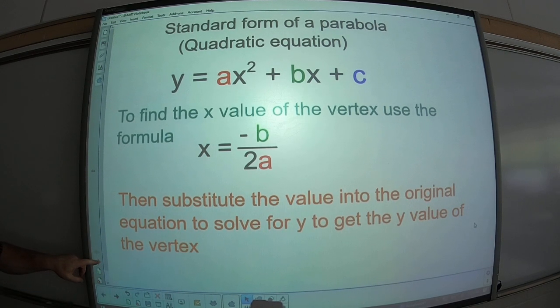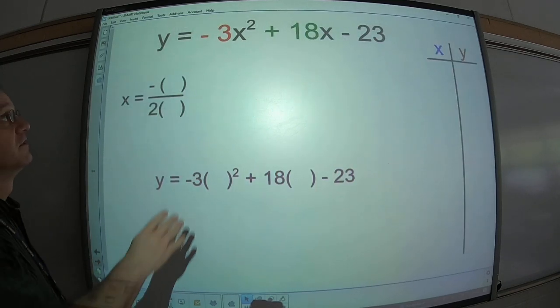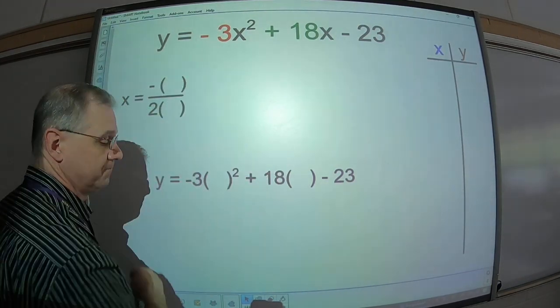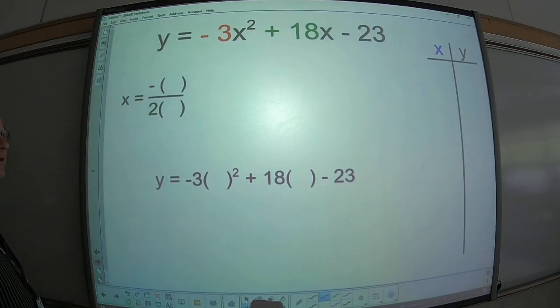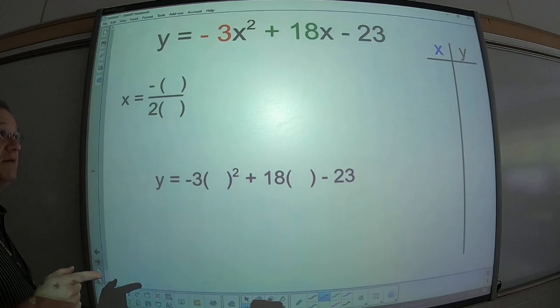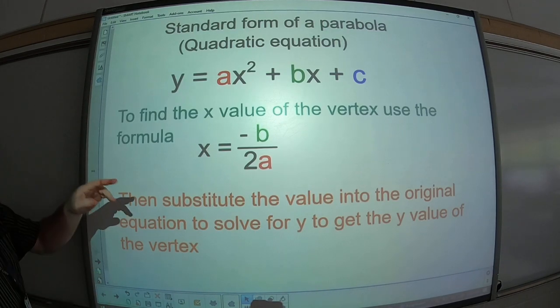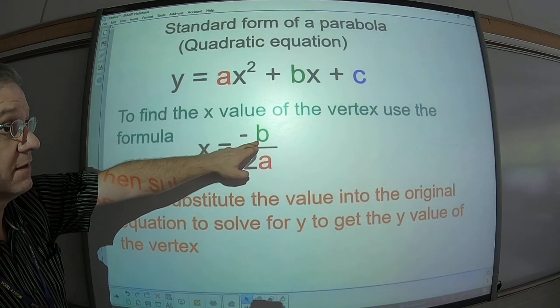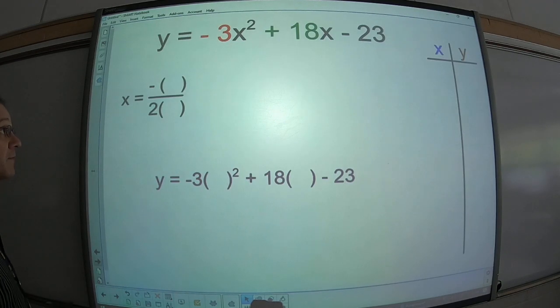All right, let's actually use that here. So here's our problem, and we want to substitute in the a and the b values. Now, remember, it's negative b over 2a, not a on top, a's on the bottom.